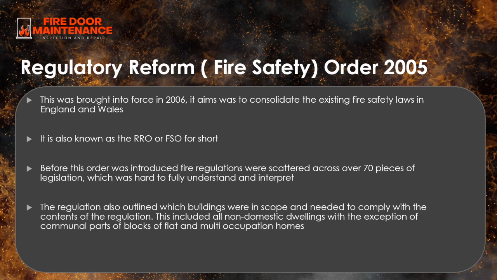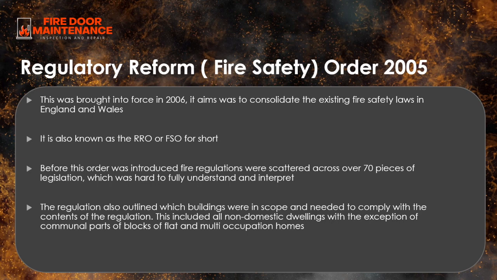So in a block of flats, the communal corridors and stairways are also in the scope of the fire safety order, and it also covers communal areas in a house of multiple occupation when it is rented out to at least 3 people who are not from the same family. It covers the entrance doors to flats in the communal areas, but not the flat itself.